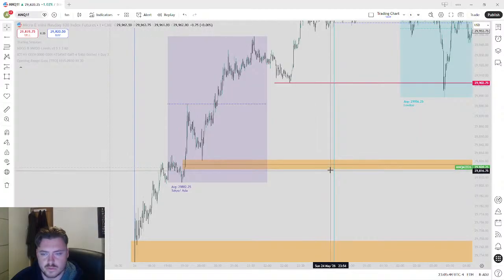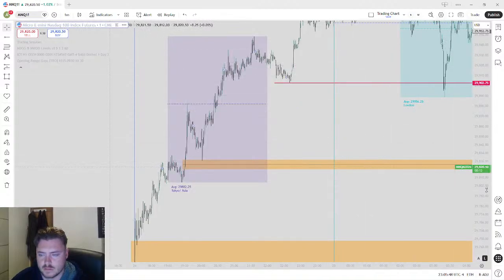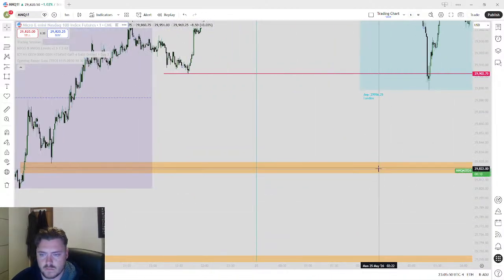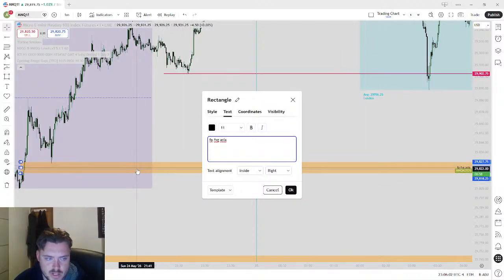So I'm just going to label this: first presented fair value gap Asia. You can use these for 5 days, so keep them on your charts, as long as you label them so they don't get cluttered.